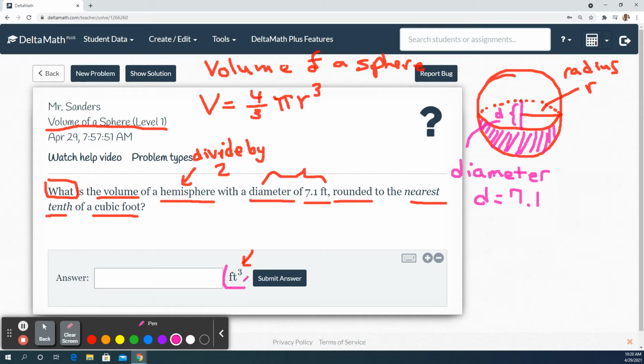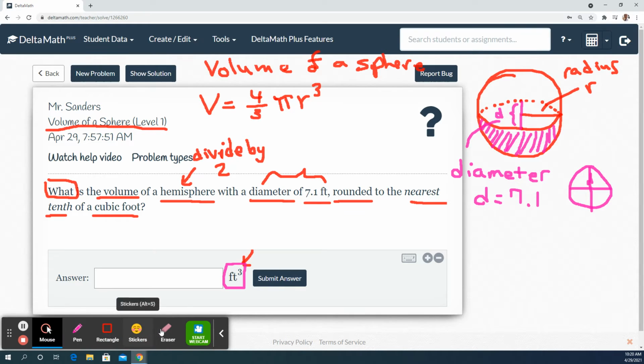Since they gave us units at the end, let's just focus on the numbers as we go through this. First we need to find the radius, which is basically half of the diameter. Hopefully you can get that relationship. Draw a circle if you need to. There's your D, and then half of that is your R. Drawing the circle might help you see that it's half.